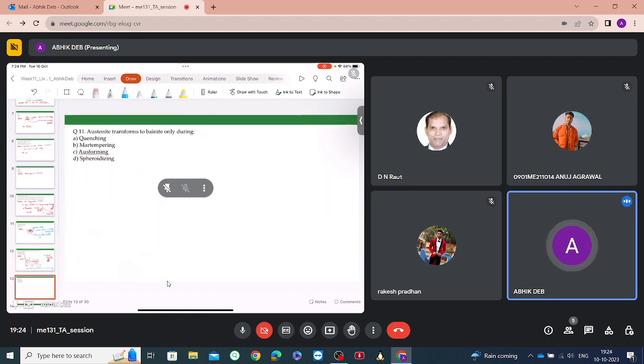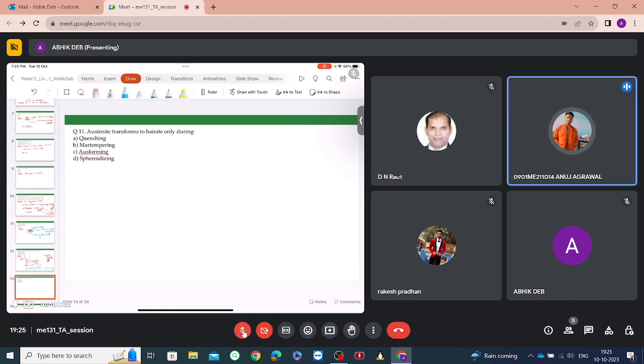Now the next question: austenite transforms to bainite only during which of these processes? I think option A, quenching.